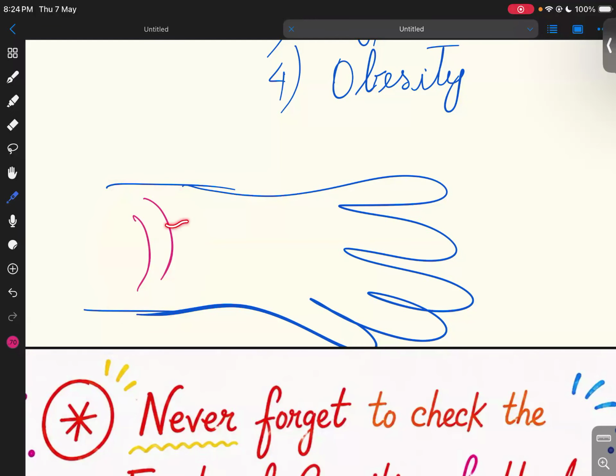It can be aneurysm formation, that is ballooning or dilatation of the AV fistula wall. Or it can be due to any localized infection over the AV fistula site. Or it can be due to blockage of AV fistula. We call it stenosis or thrombosis. But if the patient complains that he feels pain at the fingers, then we have to think that the fistula is stealing the blood from reaching the distal portion of the hand. In that case, the cause is ischemic steal syndrome.